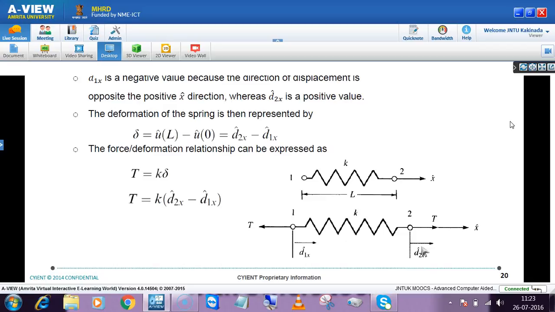Now we need to establish the stress-strain or displacement relationship.